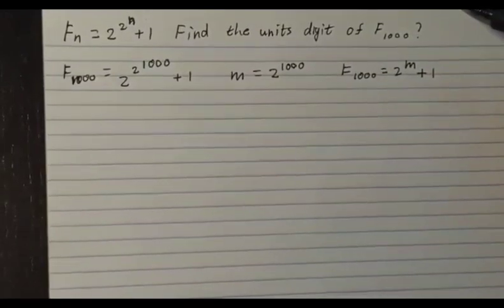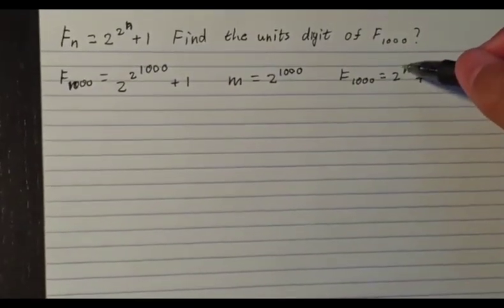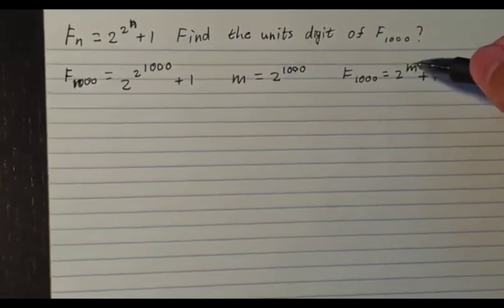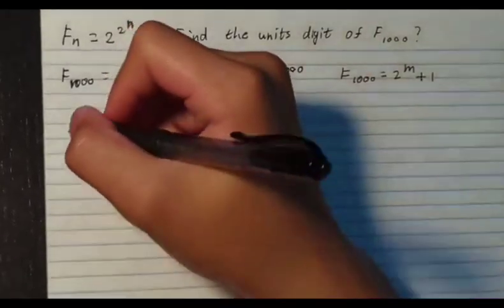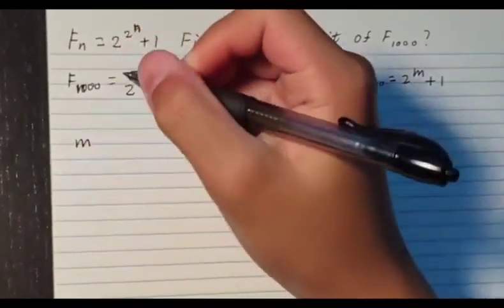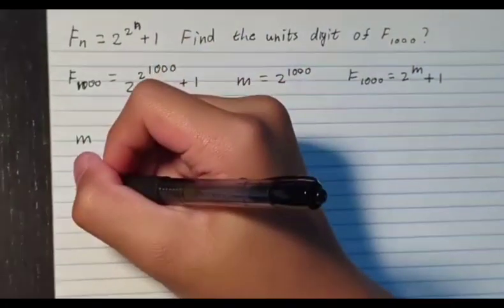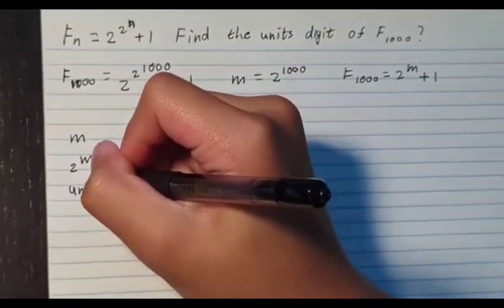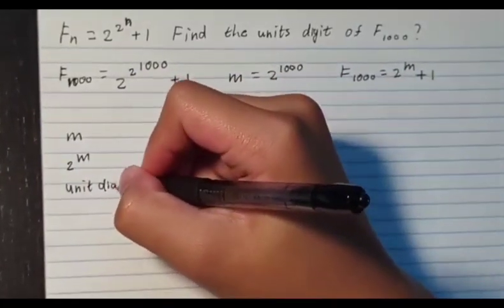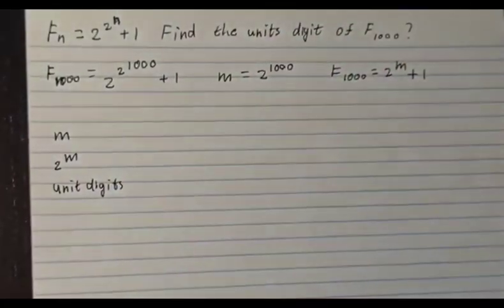Well, we have to first look for a pattern in the unit digit of the powers of 2, which means we must have m here, and then we have 2 to the power of m, and then we have the unit digits, right?